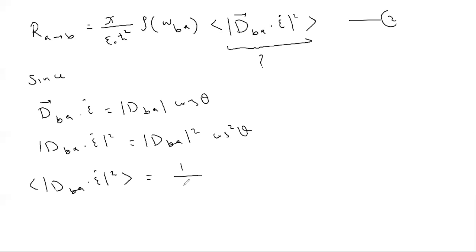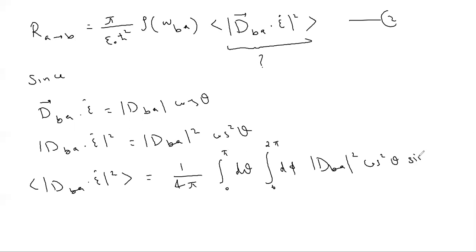So to average this, we can write 1 over 4 pi, integral 0 to pi d theta, integral 0 to 2 pi d phi, d_ba squared cos squared theta sin theta. Okay, so this shows that we averaged it over the complete solid angle.